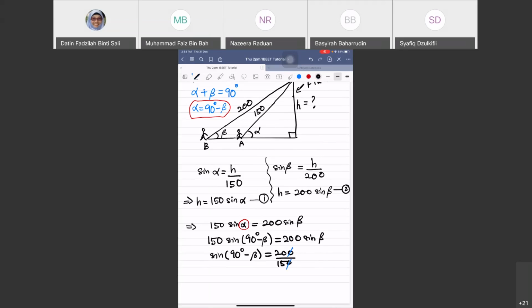Sine beta. This part, the left hand side, what you need to do is apply the formula, the sum and difference formula, sine A minus B.